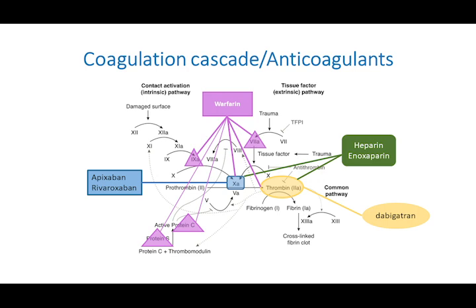It is important to remember, because if we're trying to treat a patient with a VTE, for example, we need to bridge the patient on a parenteral anticoagulant with warfarin until INR is therapeutic.